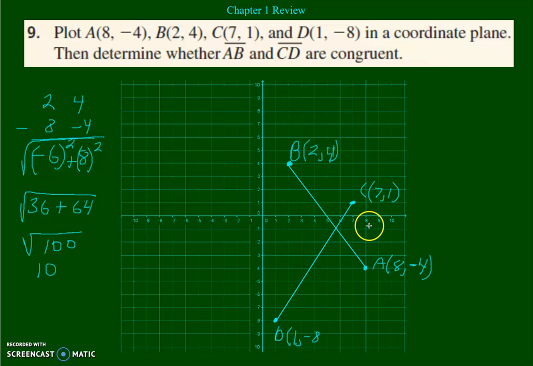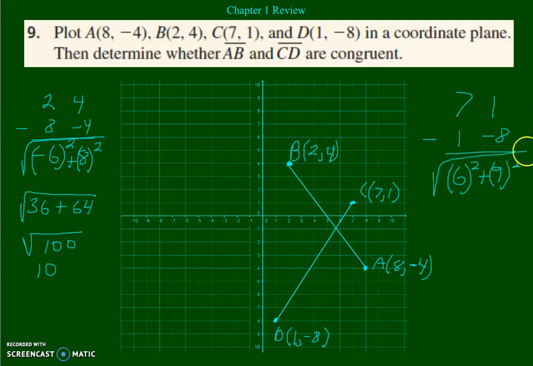Now let's do the other 2 points. So we have (7, 1) and (1, -8). 7 minus 1 is 6. 1 minus negative 8 is 1 plus 8, 9. Square, add, square root, SAS.